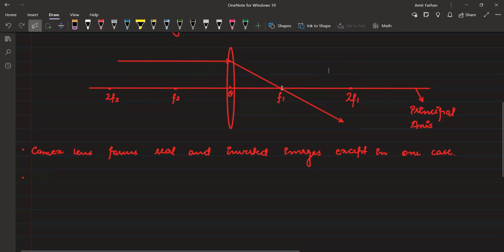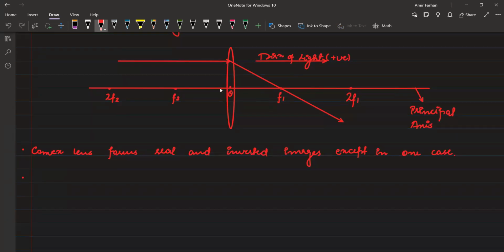Light is going in this direction. In the mirror part we calculate the distance from the pole, but in lenses we calculate the distance from the optical center. This is the direction of light, and I have to calculate the focal length here.